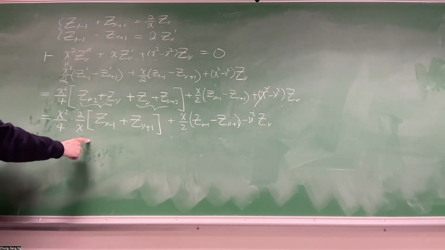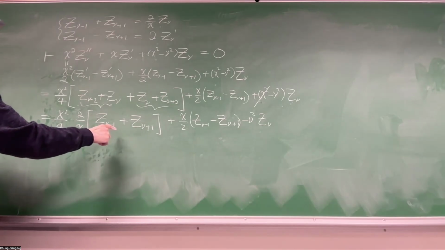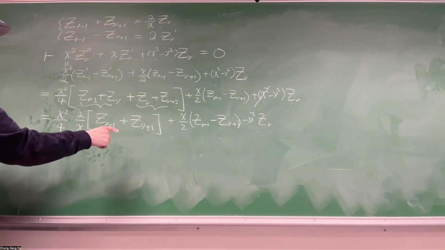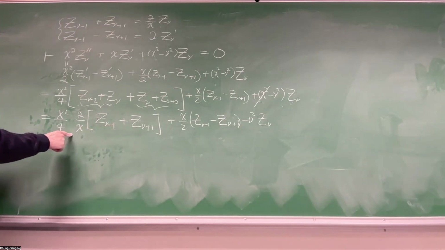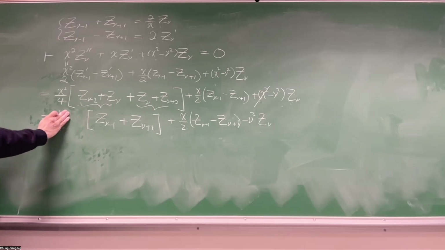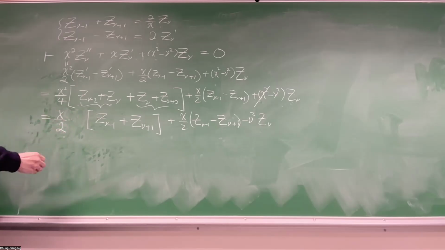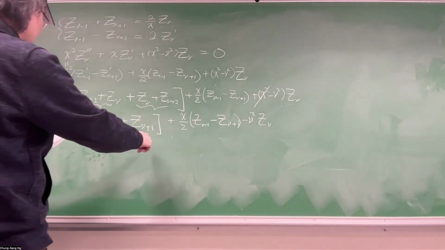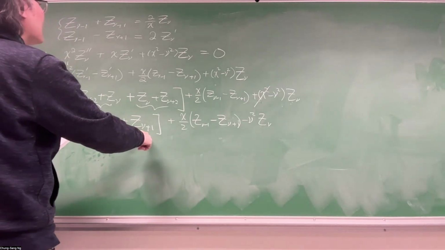Okay, so all these are fine, right? Now finally, first of all we can simplify this. This is 2 over x, this is x squared over 4, so simplifying that is x over 2. And now what do we have?